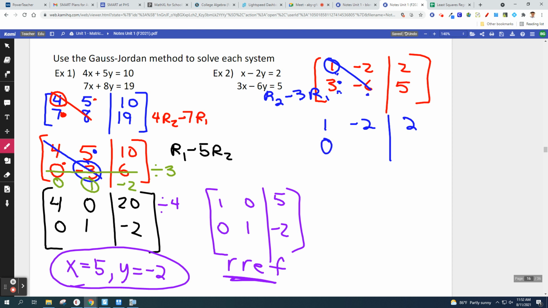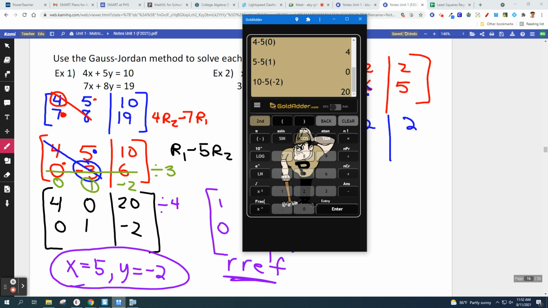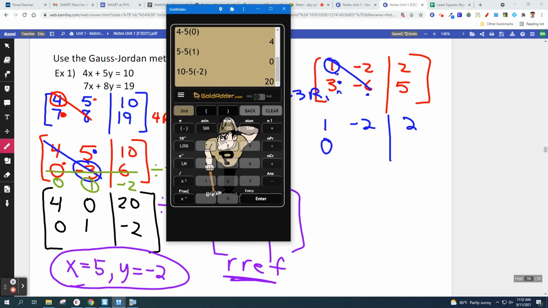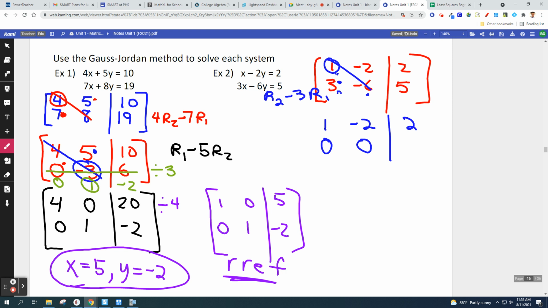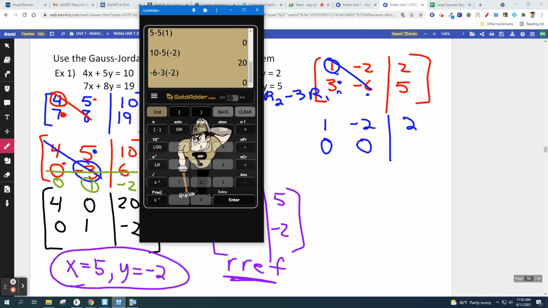And row 2 is -6, minus 3 of the row 1s is -2. Ooh, that's also 0. And row 2 is a 5, minus 3 of the row 1s is 2. It's a negative 1.